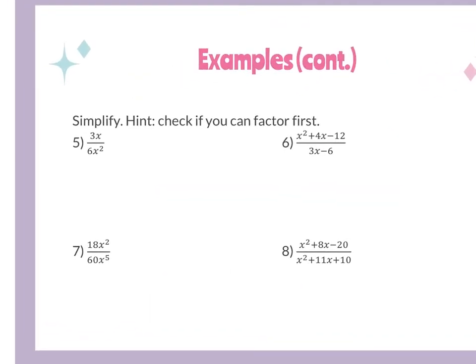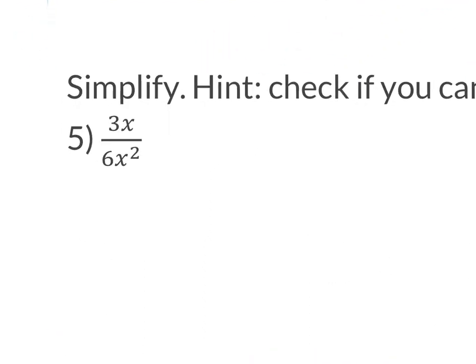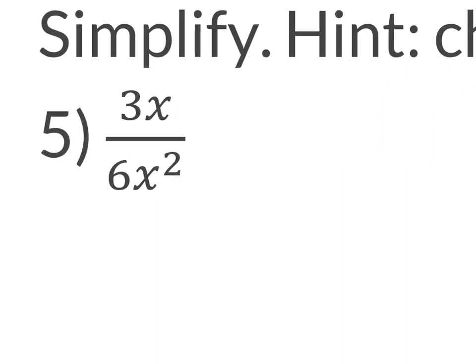So again, simplify the hint, always factor first. So this one's pretty basic. You can factor it if you wish, or you could just say, well, I know 3/6 is 1/2, and then I can take away 1x out of the top and 1 out of the bottom, and my final answer here is 1 over 2x.